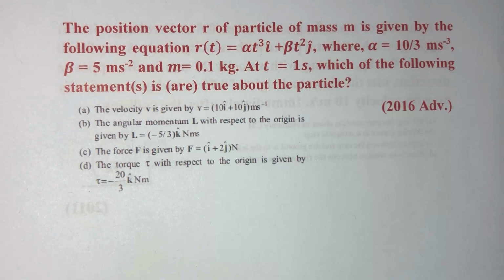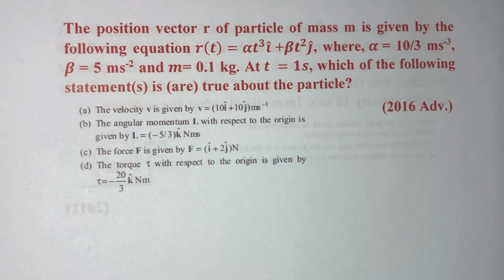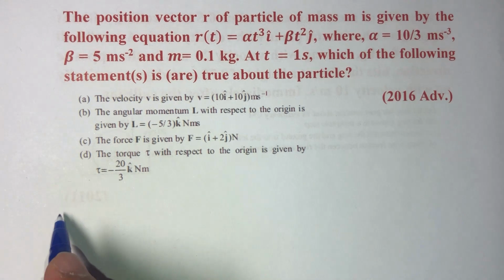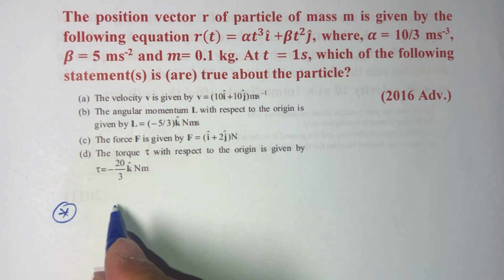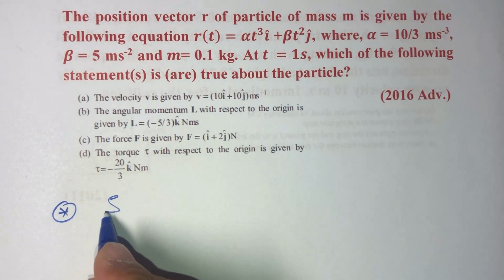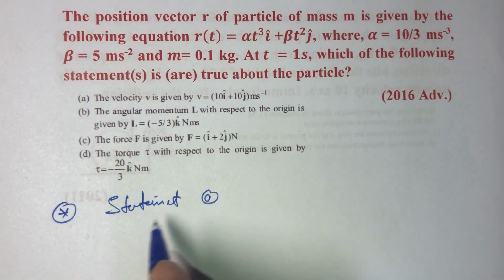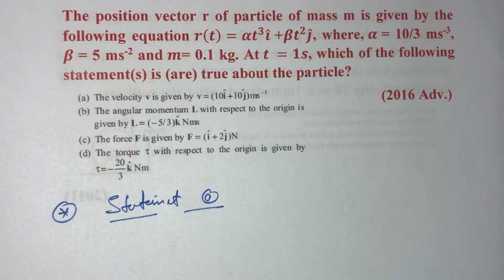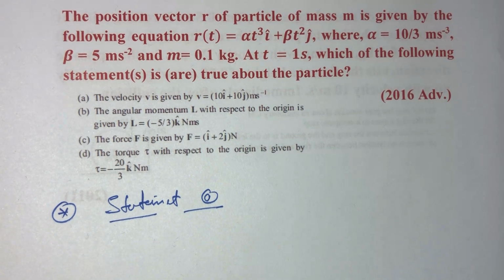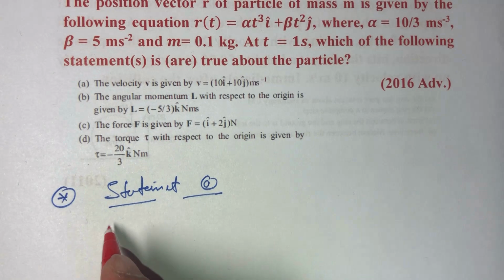So let us take statement 1, in which we are supposed to find out the velocity of the particle. So we have statement A, and we have to find out velocity.